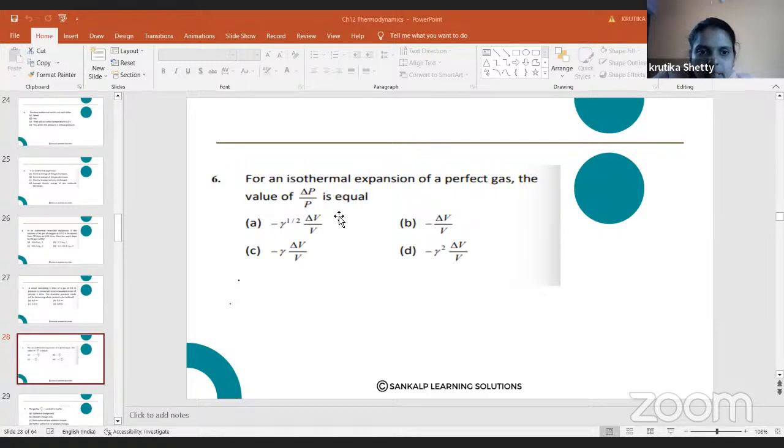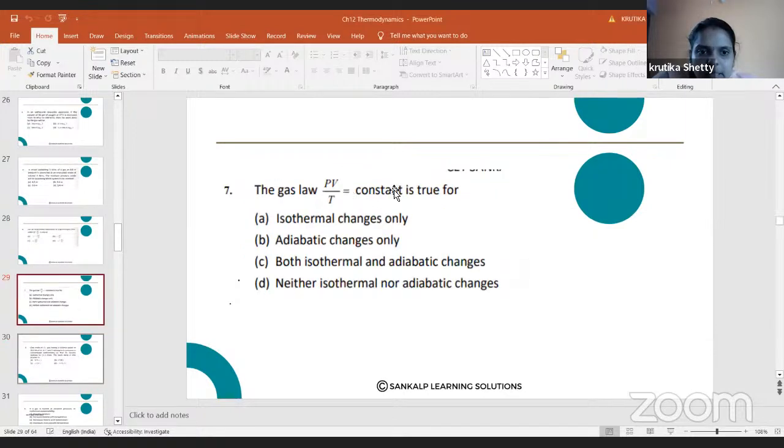Then the next question: the gas law PV by T is equal to constant is true for which one? Isothermal change, adiabatic change, both isothermal and adiabatic, neither isothermal nor adiabatic changes.